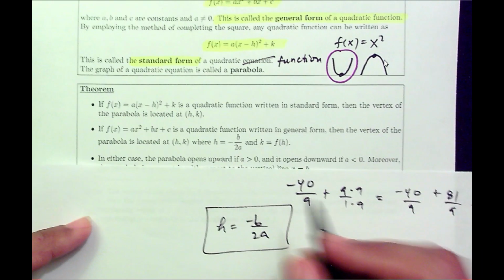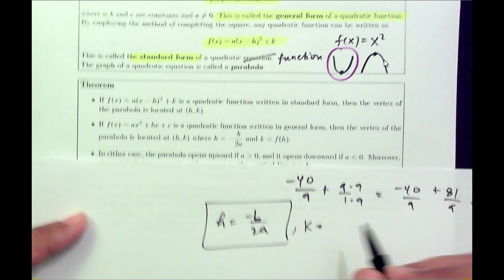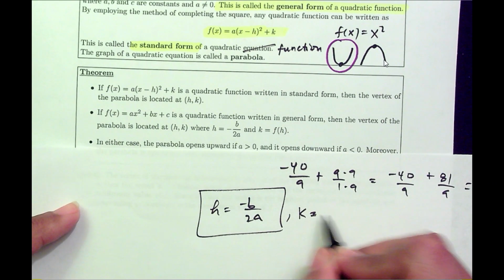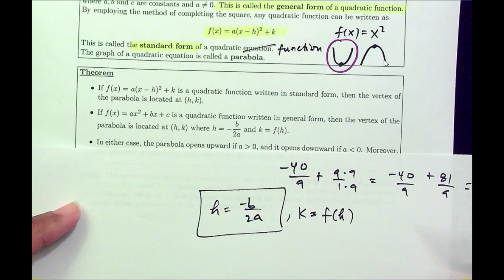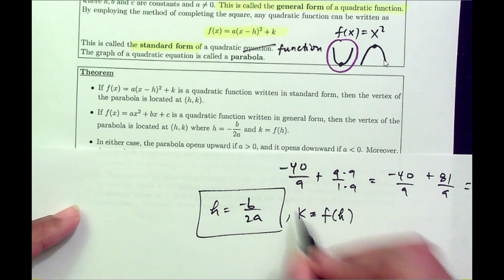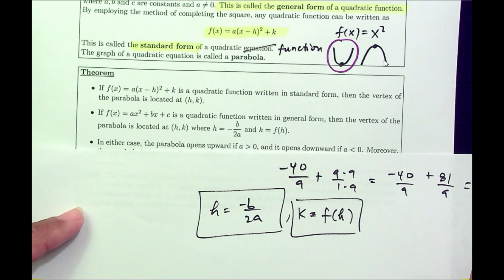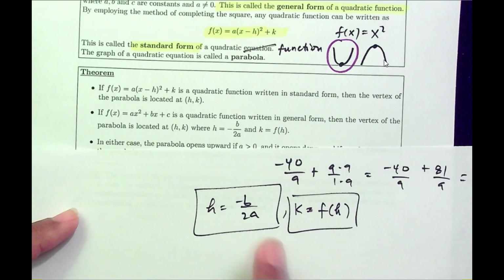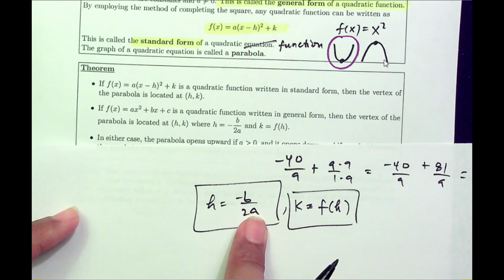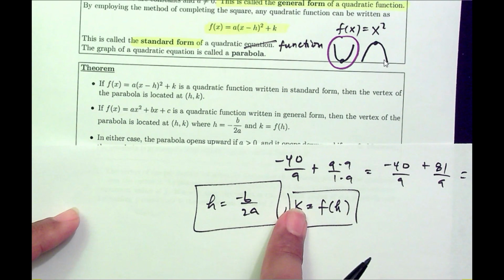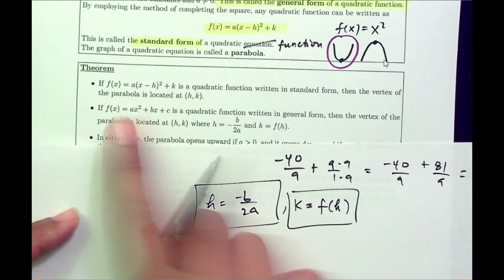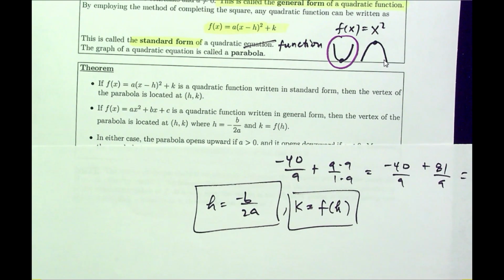And the k is just going to be what you get when you plug h into the formula for f. So basically the one that you really have to memorize is this one, because then the k is just plug it in the f.